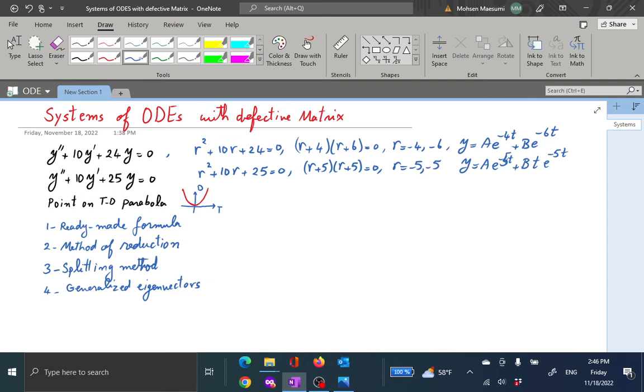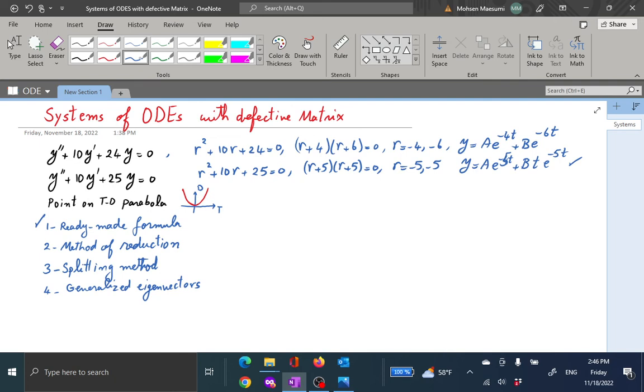Now these two functions are so-called linearly independent from each other. They are not a constant multiple of each other. So that becomes the solution that we have. So if the equation has an identical root, we have a ready-made recipe, and that is going to be our fallback position for a quick solution without getting ourselves into lengthy processes.